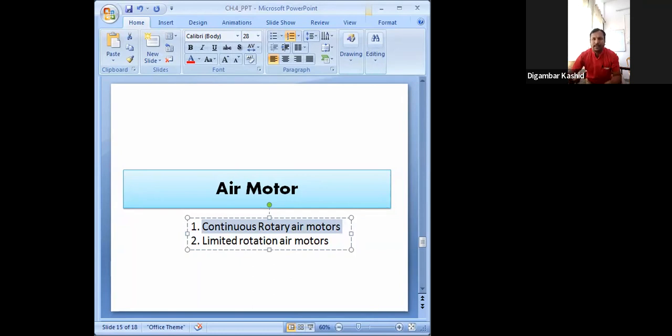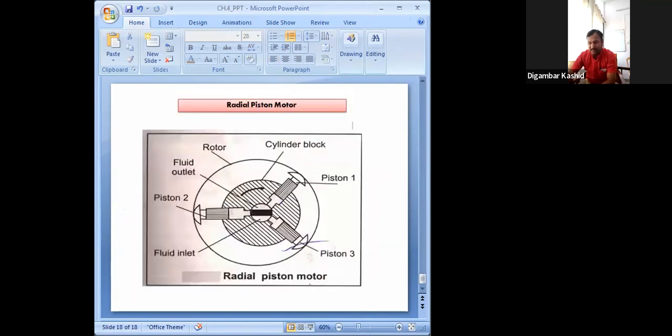But before that, again I will discuss the piston, the radial piston type. We have another type, the axial piston type motor. That is, radial piston motor and axial piston motor. That type we have also seen for the hydraulic motor. Construction and working for piston type, radial or axial, for pneumatic and hydraulic, are everything similar.